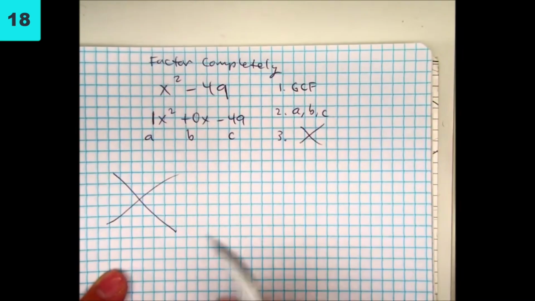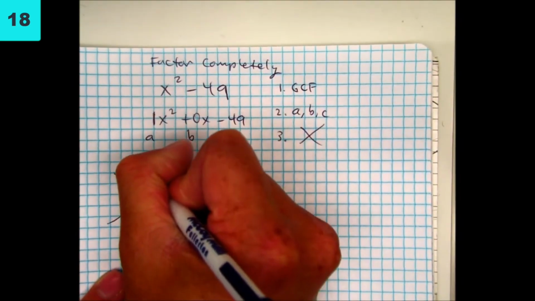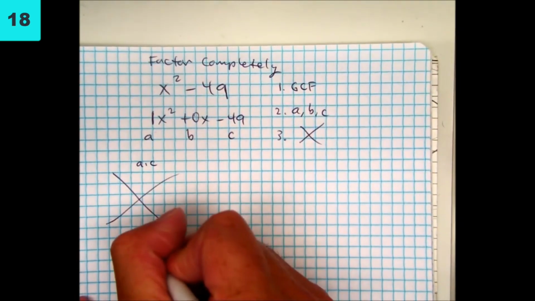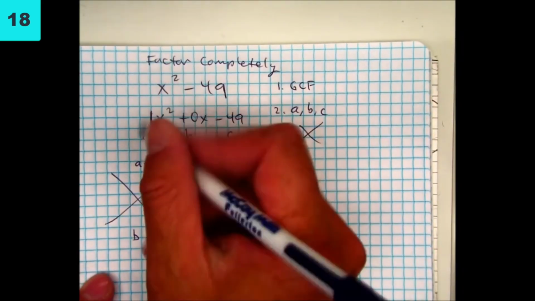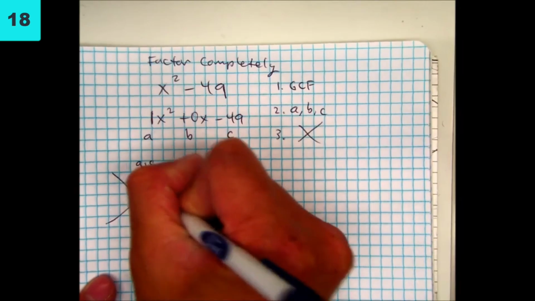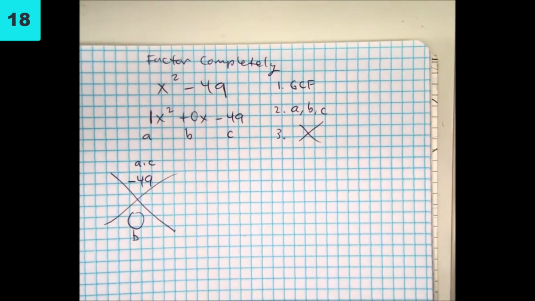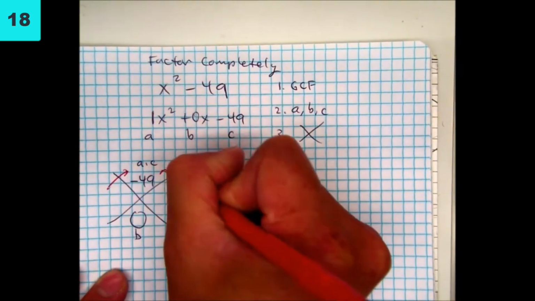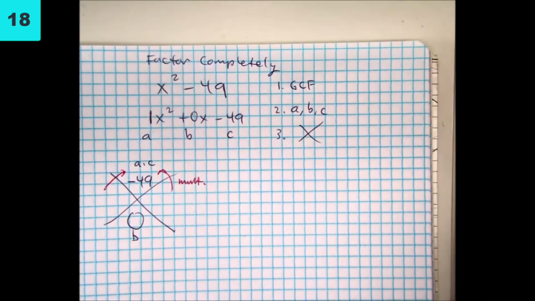So I have this X. And in this X, I'm going to write letters A times C. And in the bottom of my X, I'm going to write B. Class, what's A times C? And what's our B value? 0. I need to think of 2 numbers that multiply to be negative 49.